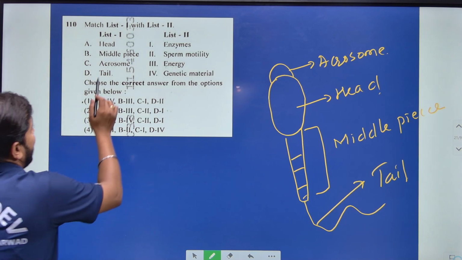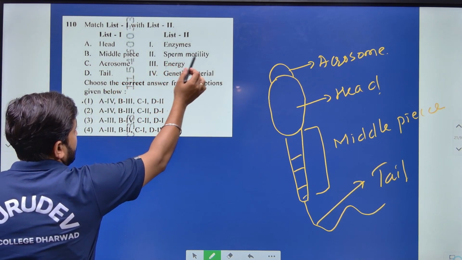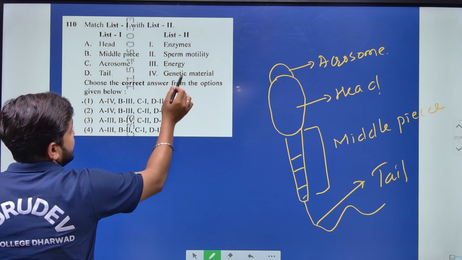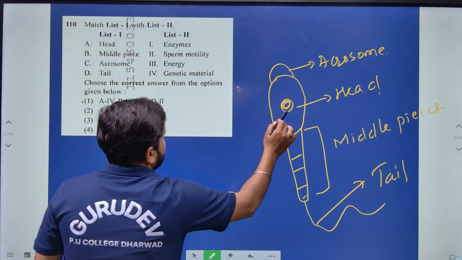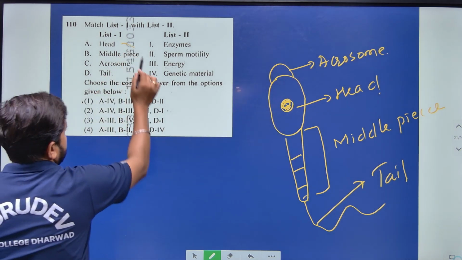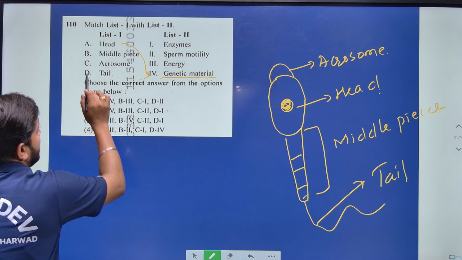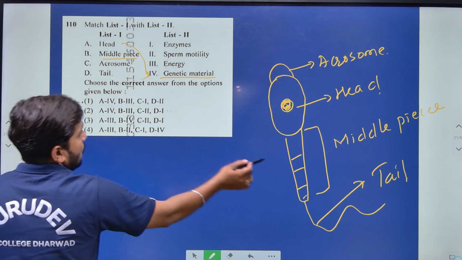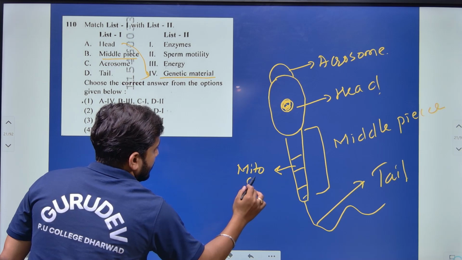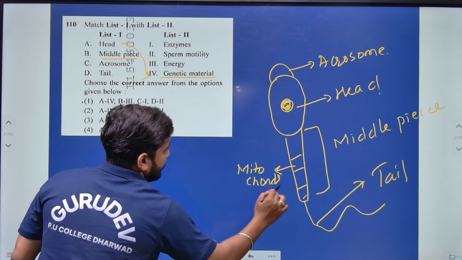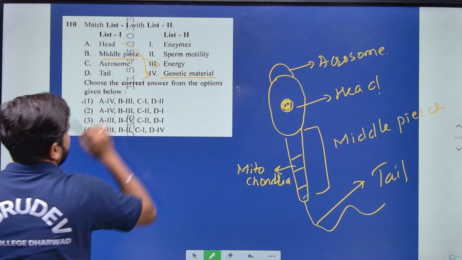If I consider the head, what is its purpose? The options are enzymes, sperm motility, energy and genetic material. With respect to the head, I find the genetic material present. Middle piece has the highest number of mitochondria, and mitochondria are meant for giving energy, so the middle piece is related with energy.